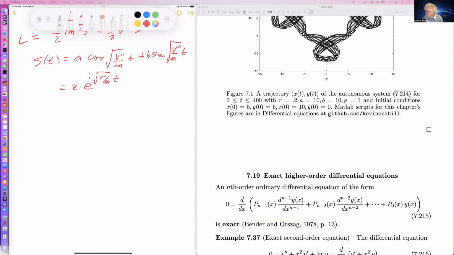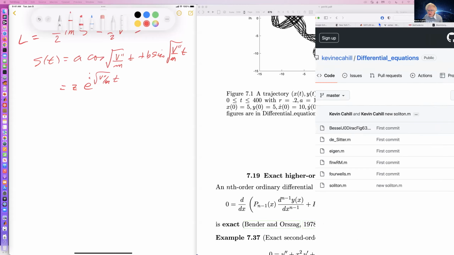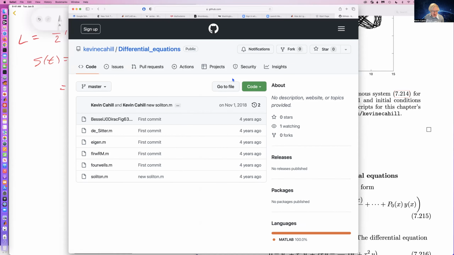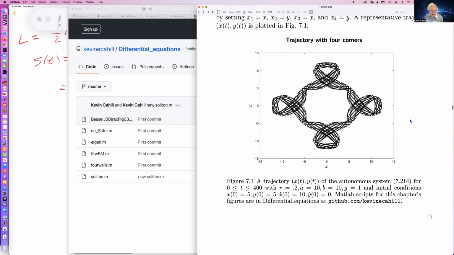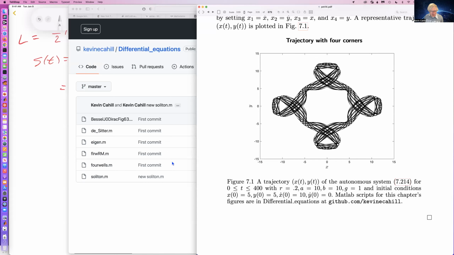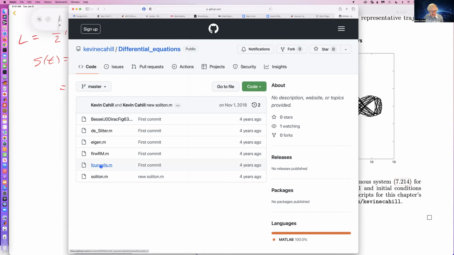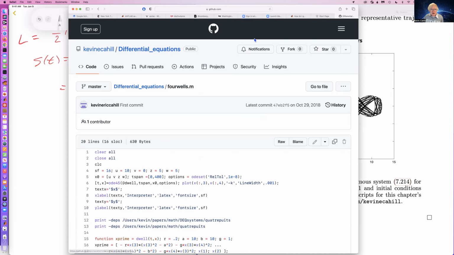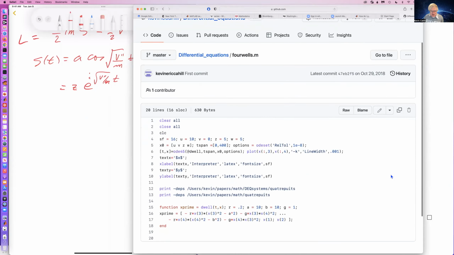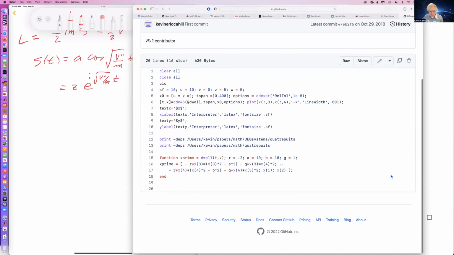So we want to go to differential equations. So let's look at the repositories. Differential equations. So here I've gone to this differential equations, and what was the name for this one? I think it's probably 4 wells. So let's see if I can bring it up. So apparently that's what it looks like. This is the differential equation.